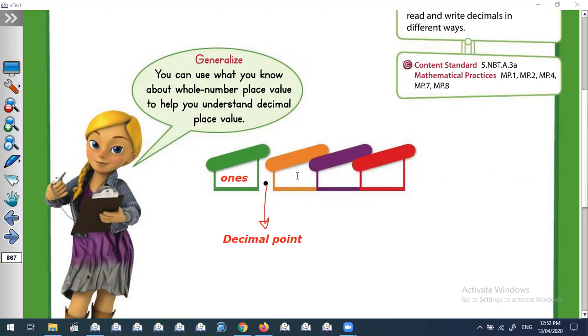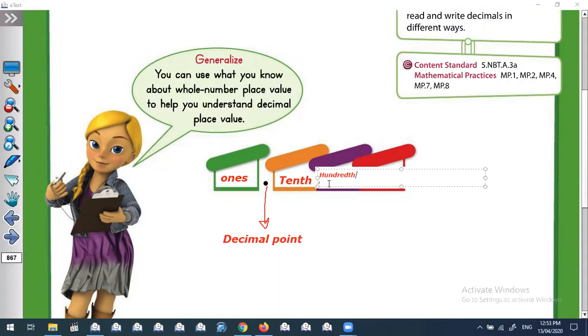The first number to the right of the decimal point, its place value is tenth. The second one is hundredth. After tenth, we have hundredth.